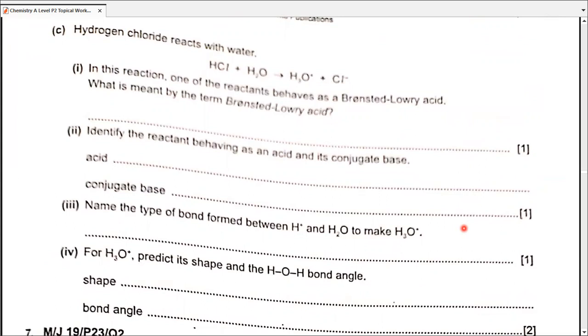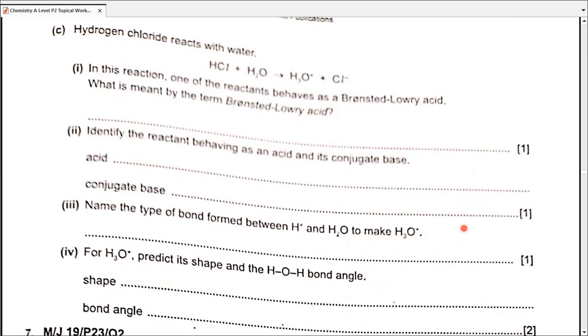C1: proton donor. Good. 2: HCl would be the acid, and the conjugate base would be the chloride, Cl minus.